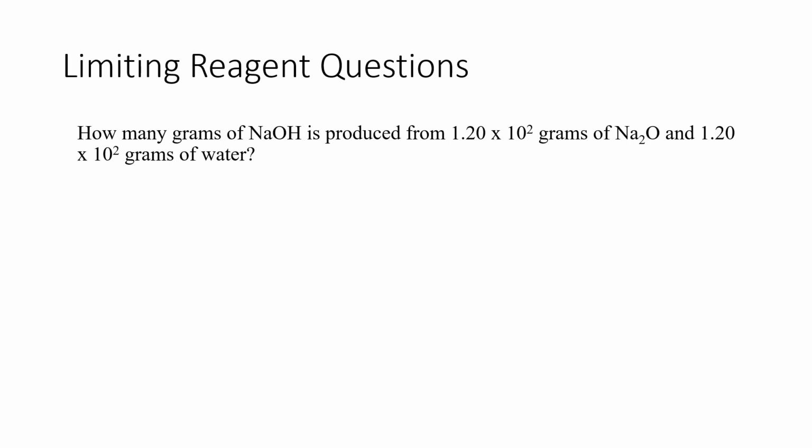So sodium oxide and water, they both have values given to me. So with that being said, I will need to determine which one is the limiting reagent first before I start finding out how many grams of sodium hydroxide is produced.